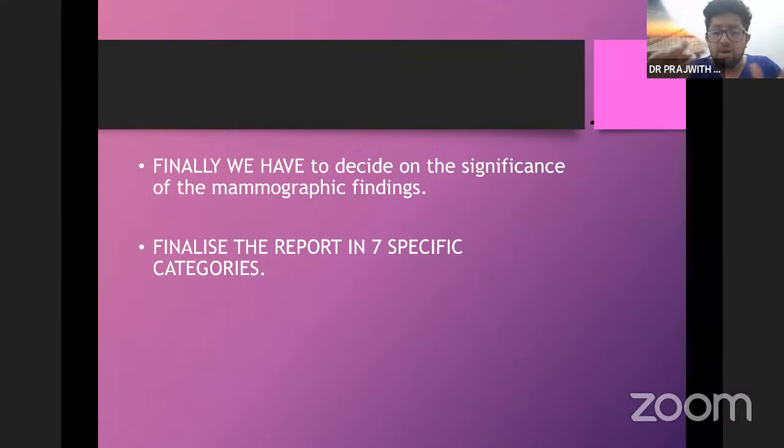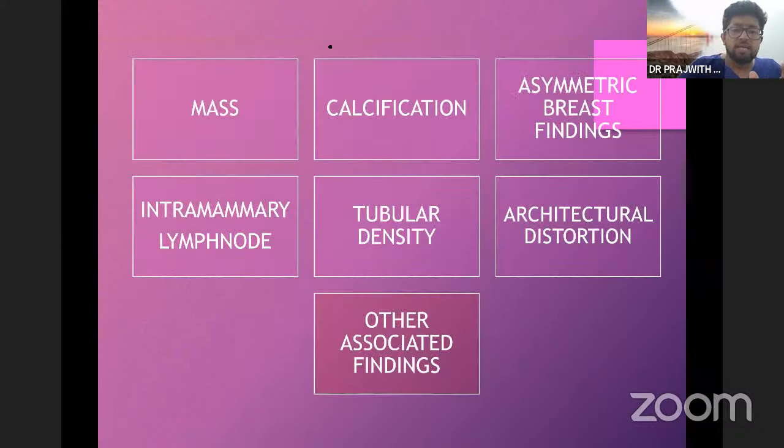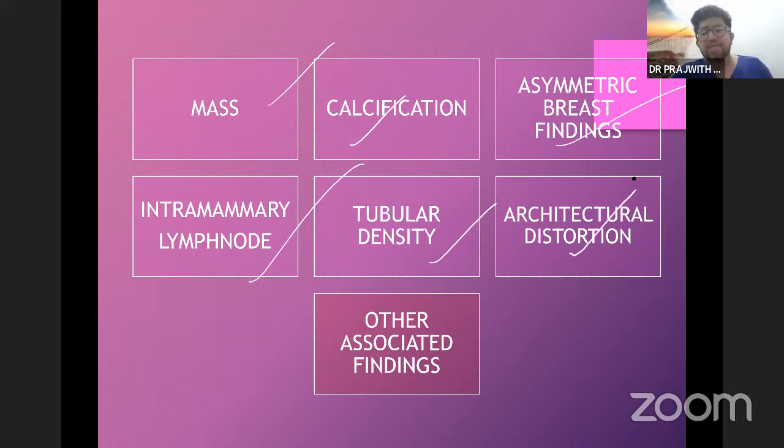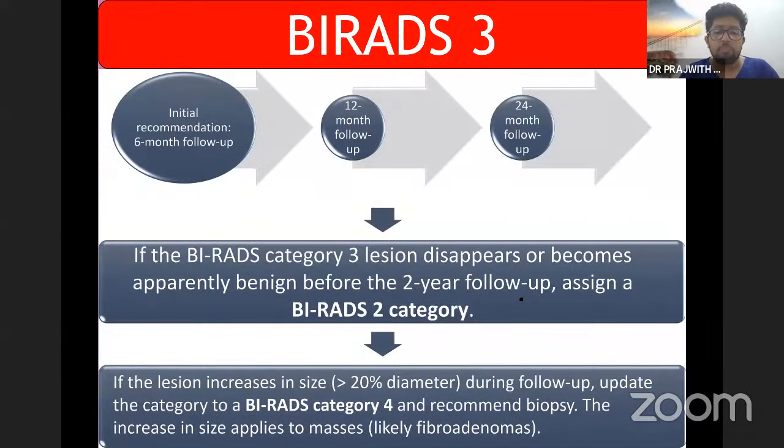Finally, after seeing all these things, that is mass, calcification, asymmetric findings, intramammary lymph node, tubular densities because of duct dilatation, architectural distortion because of fibrosis, which will lead to skin retraction, nipple retraction, skin tags, trabecular thickening, all these findings, then you finally come up with different categories.